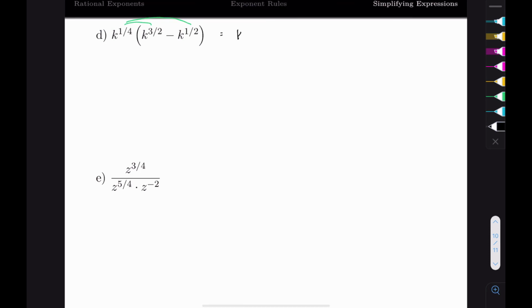So that gives us k to the 1/4 times k to the 3/2, and then minus k to the 1/4 times k to the 1/2. And since both of these have the same base, we can go ahead and add the exponents. So this would be 1/4 plus 3/2, and then for this one, it's 1/4 plus 1/2.